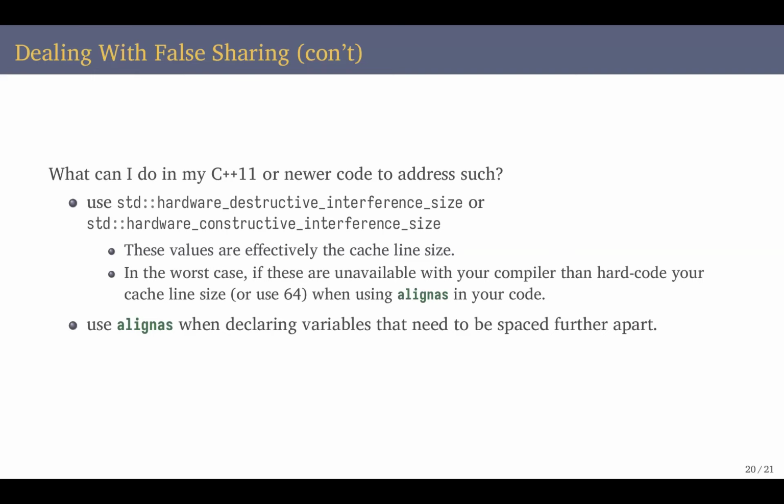Now, typically, on all computers I can think of, the destructive size is 64 bytes, because on all modern hardware I can think of right now, including ARM and this and that that's out there, the cache line size is 64 bytes, typically.